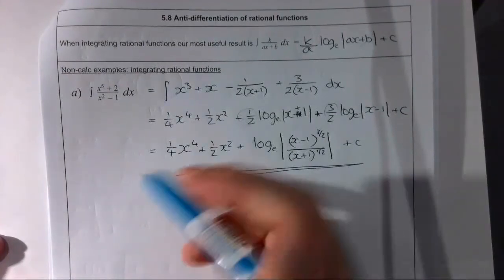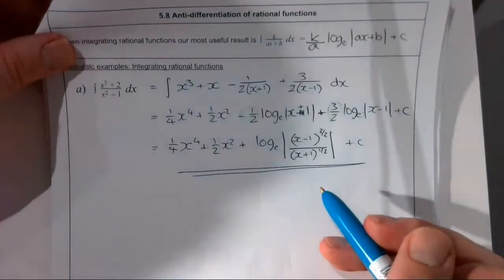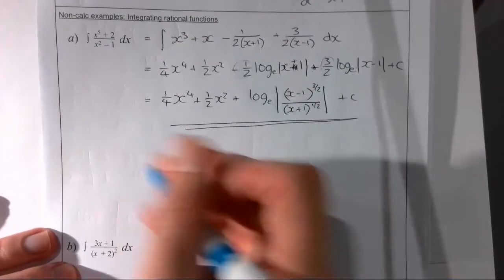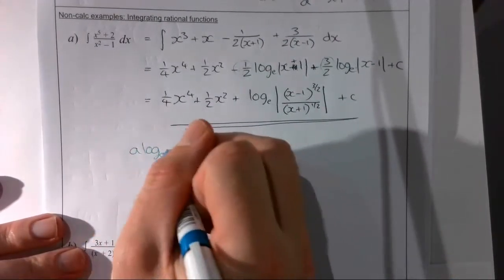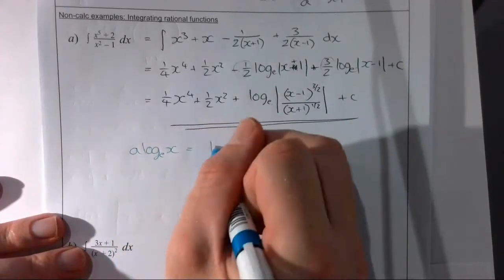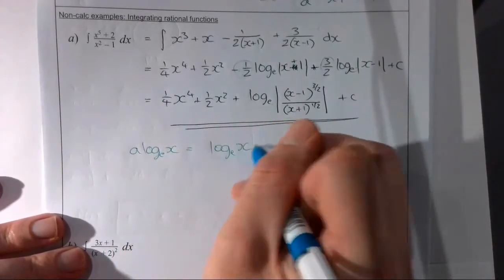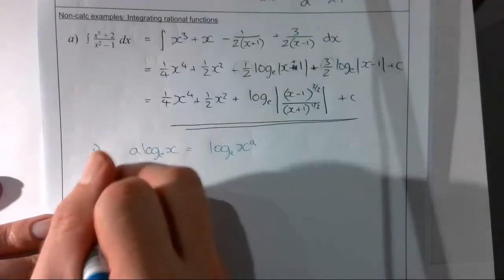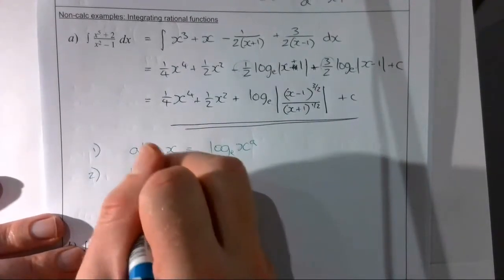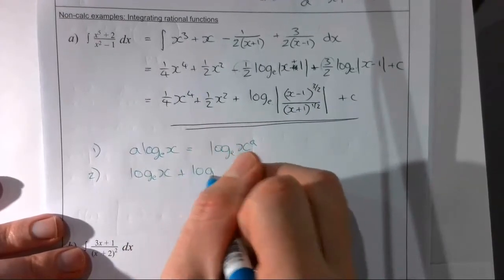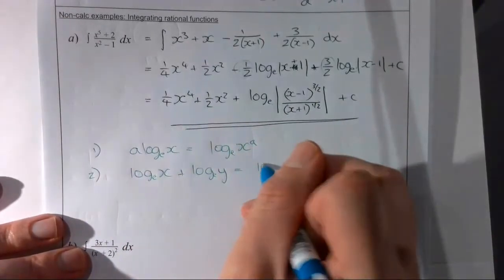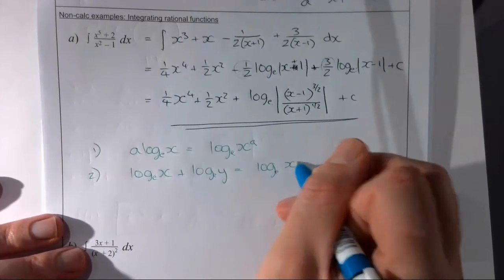Obviously, I'm hoping that your log skills are pretty good, but if you need a recap, what are we doing there? Well, a log of x is log of x to the power a. We're using that rule, and then we're using the rule log x plus log y is log of xy.